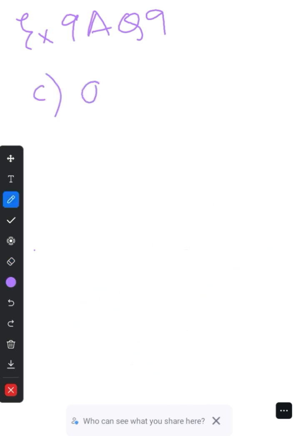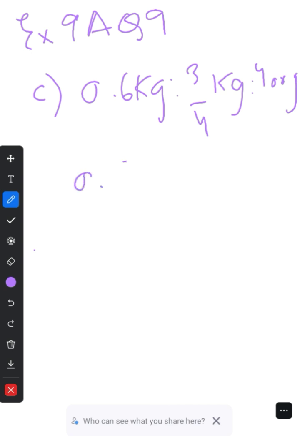Okay, so part C says 0.6 kg ratio 3 upon 4 kg ratio 400 grams. Now I will be converting these kgs into grams, but before that I need all of them in a simplified form. I knew in the previous question 3 upon 4 is the same as 0.75, right?